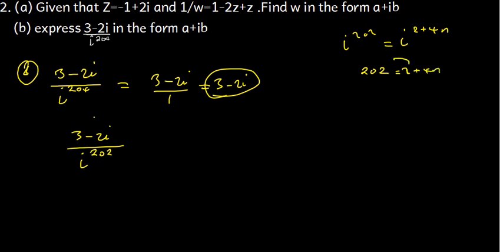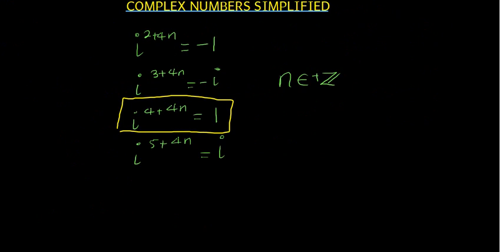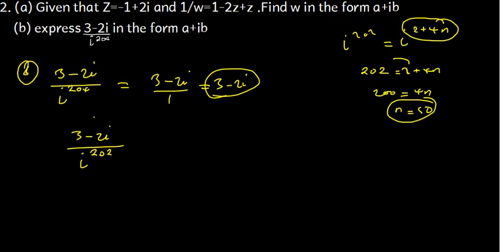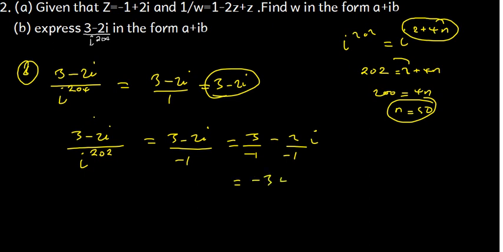If we take 2 this side, that will become 200, and that will be equal to 4n, and n is going to give us 50. So i to the power 202 can be written in this form. Now what is the value if we write something in that form? We see that the value is negative 1, and so that is going to be equal to 3 minus 2i over negative 1, which we can also split as 3 over negative 1 minus 2 over negative 1, and then we've got an i, and this is going to give us negative 3 plus 2i.